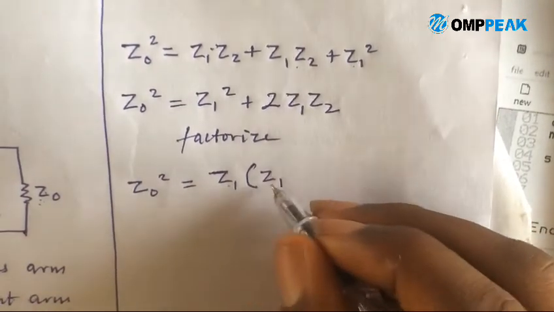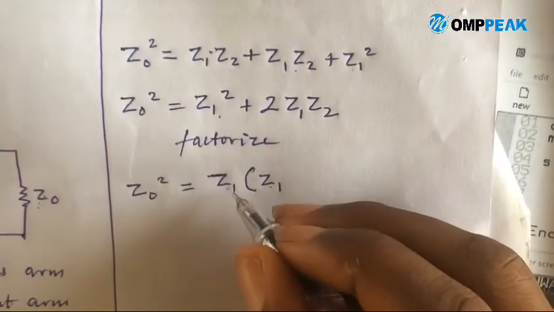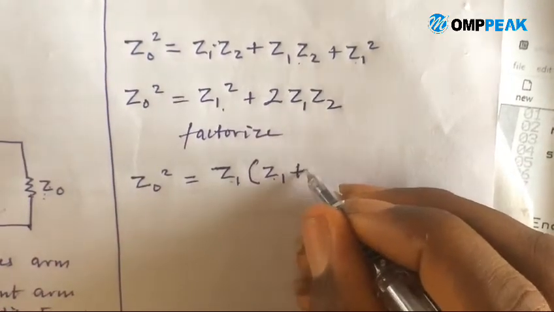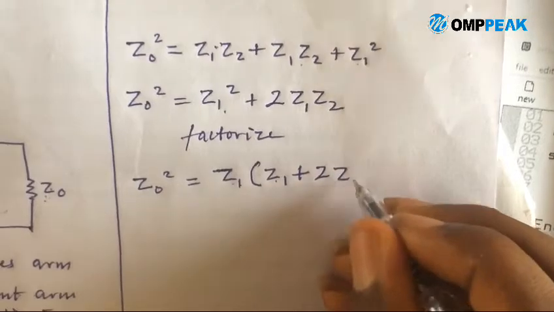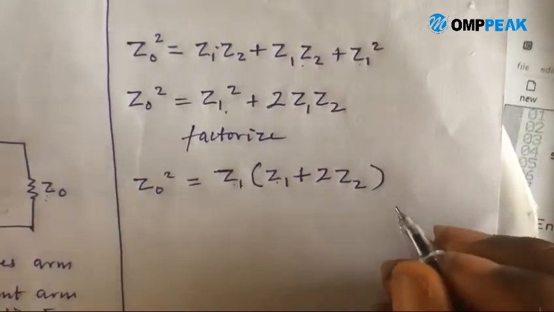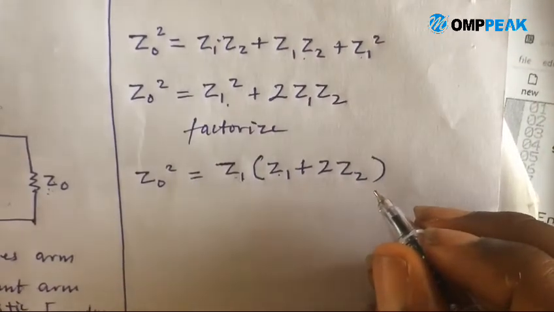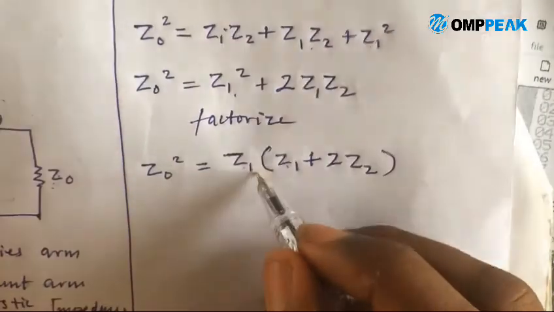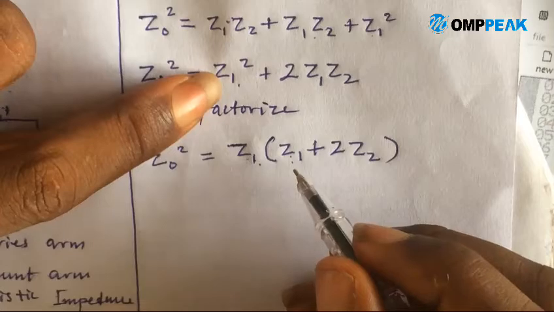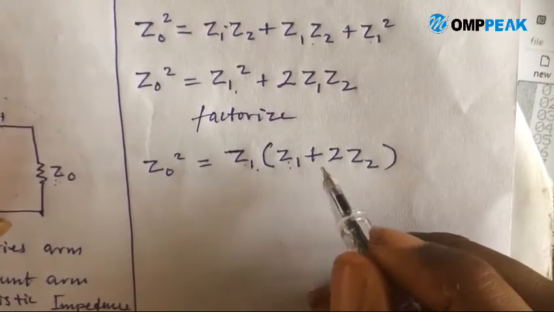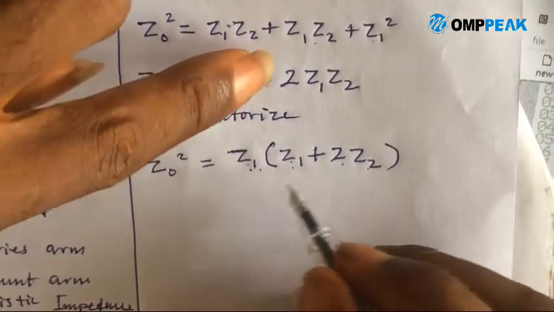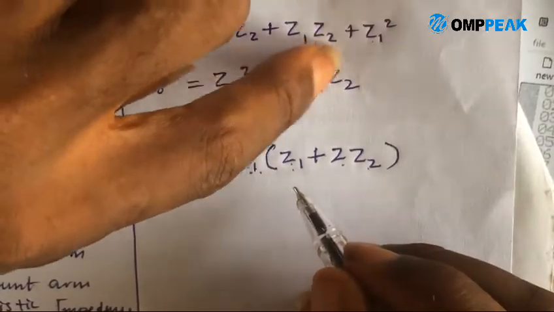So when you multiply this and this, it will give us this back. Z1 open bracket Z1 plus 2Z2. You may be wondering how we got this. Now we can take this one back to this. Z1 times Z1 gives us Z1 square. Then Z1 times 2Z2 will give us 2Z1 Z2.